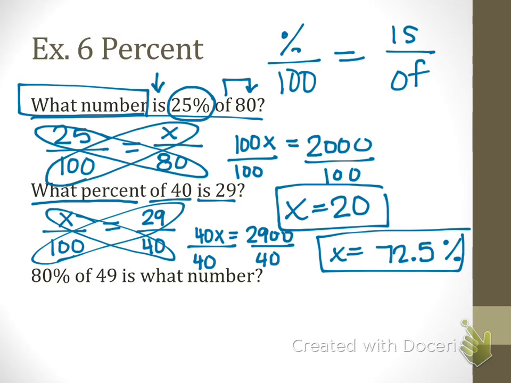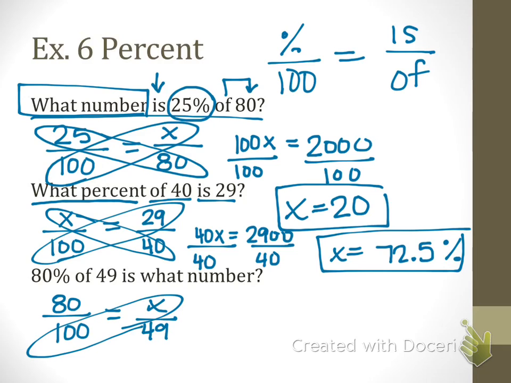All right, this last one. 80%. So what do I know? What fraction do I already know? 80 over 100 equals, what do I know? I know of, so I know that goes on the bottom, and I know x is the number I'm missing. So is over of.